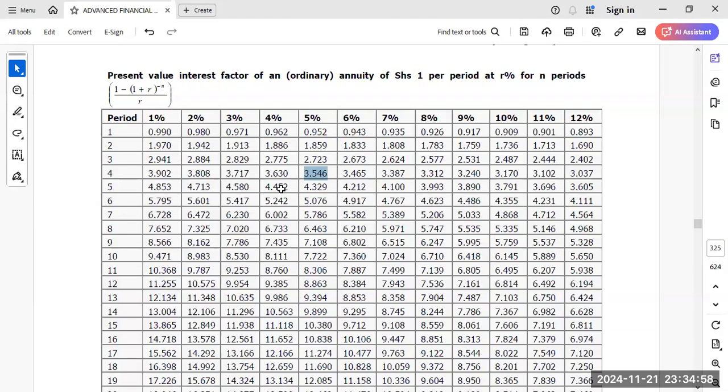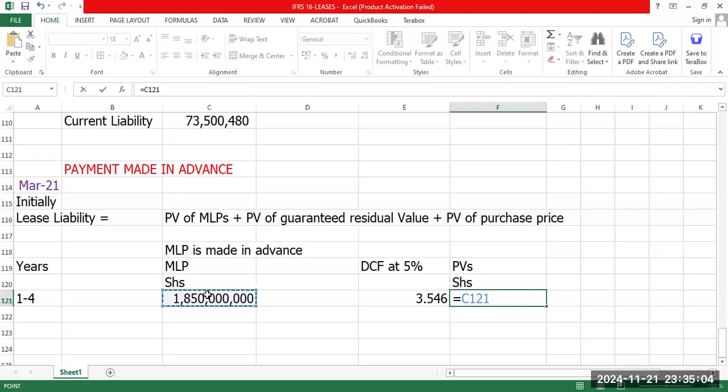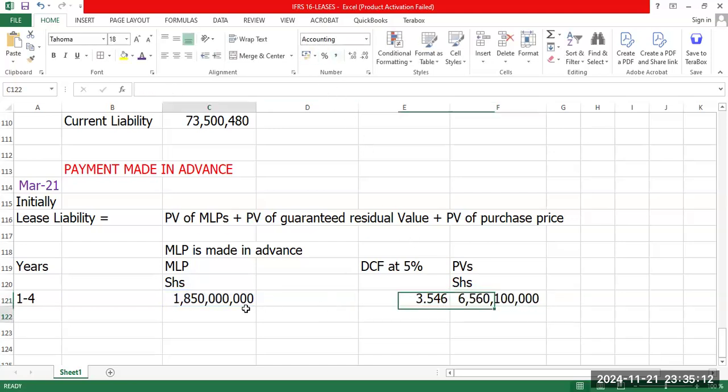Okay, so I put that in here. Finally, I get my present value this time. Yeah, that's what I have.